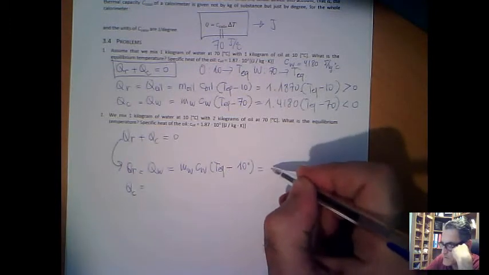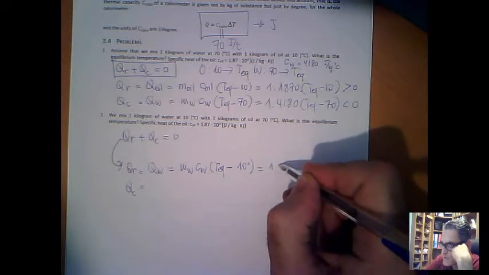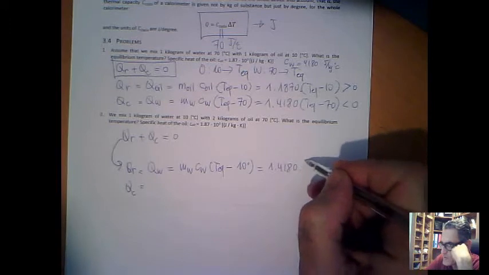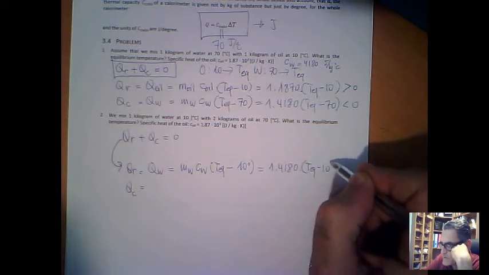So this we can write as the mass of the water, which is 1 kilogram, times 4,180 times TEQ minus 10.